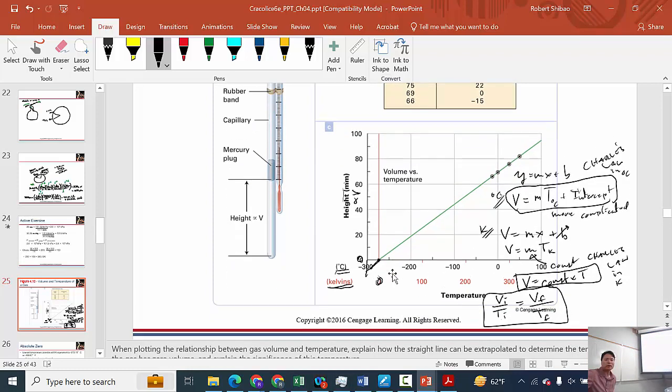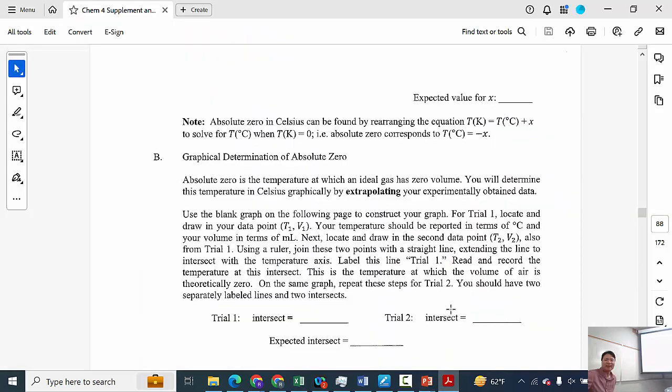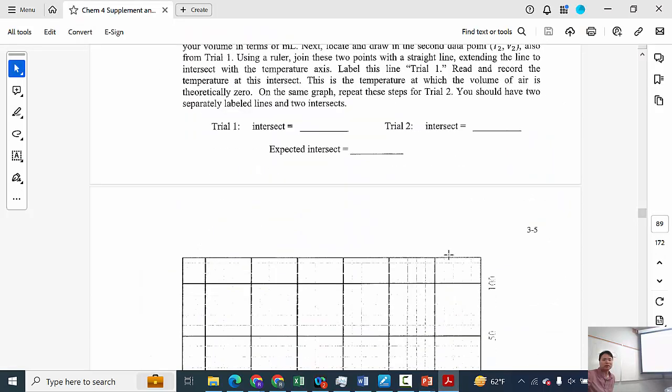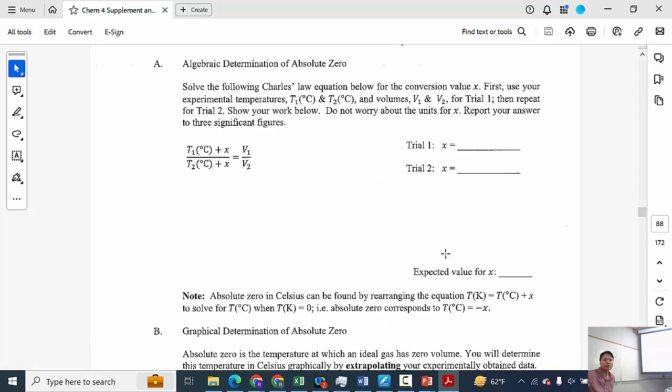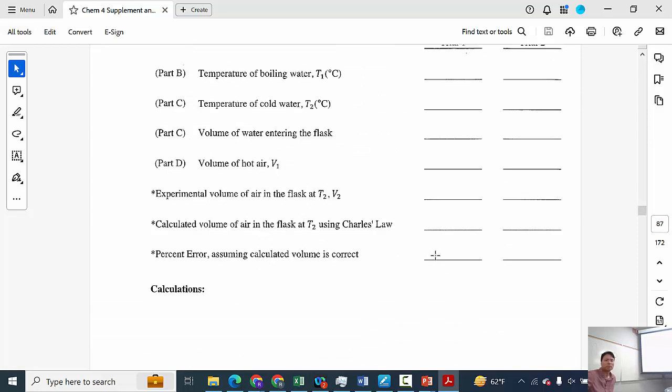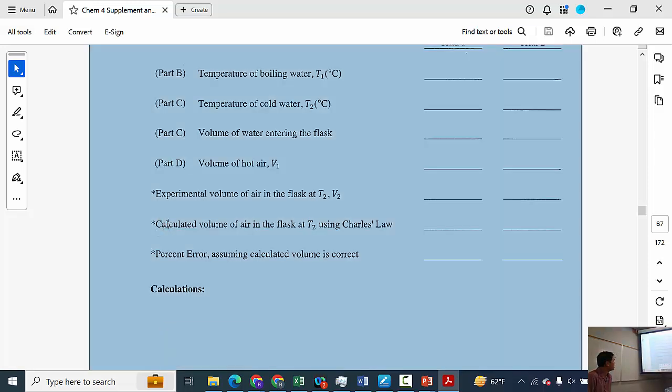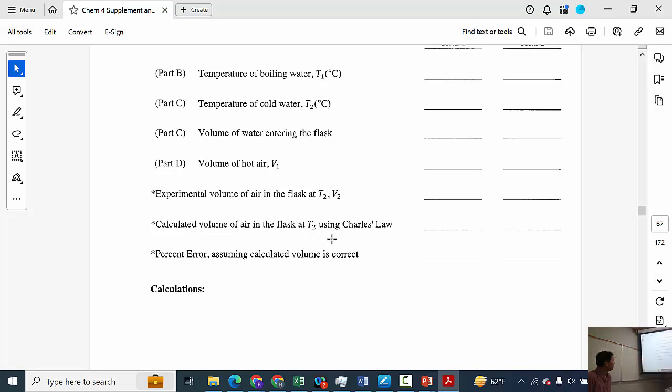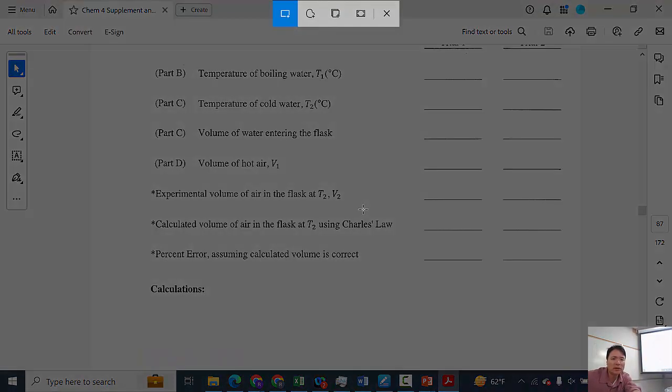Now, going back to our lab, this is what we want to do in this particular calculation. It asks us to calculate the volume of air in the flask at T2 using Charles' law. So let me do that here.